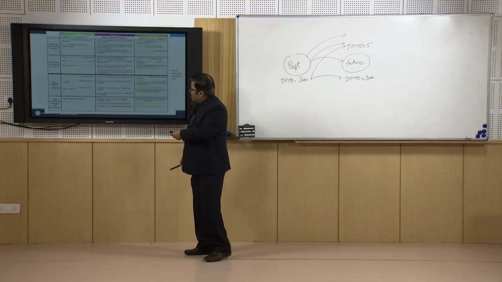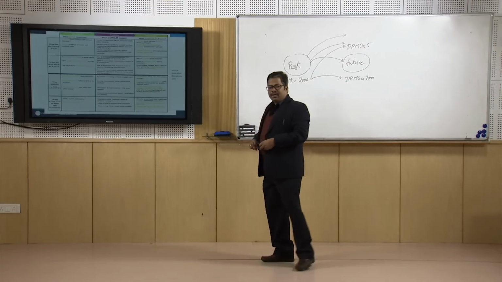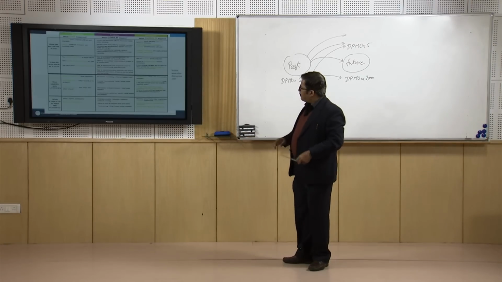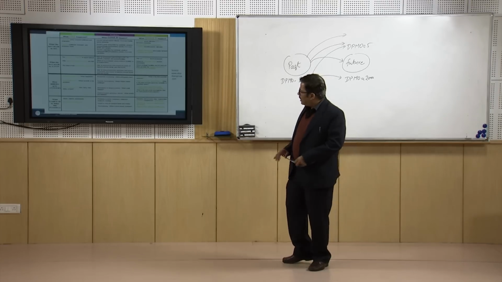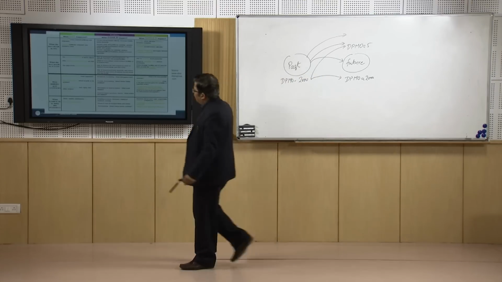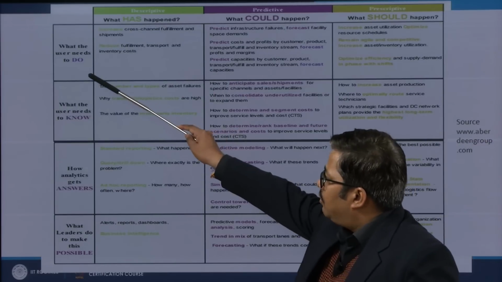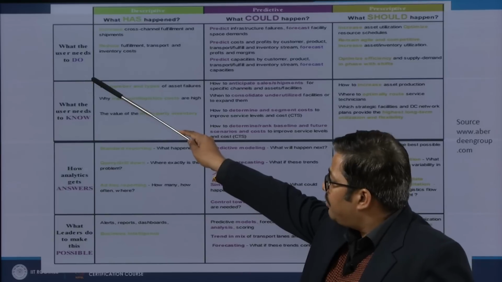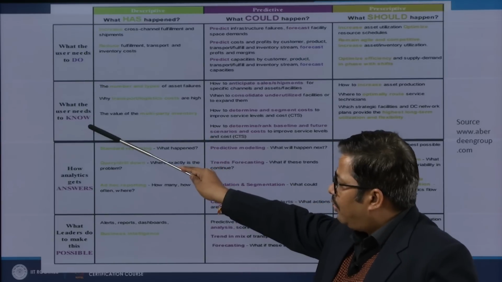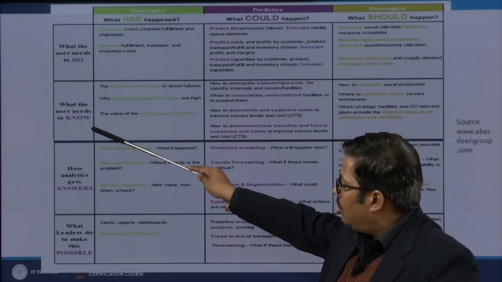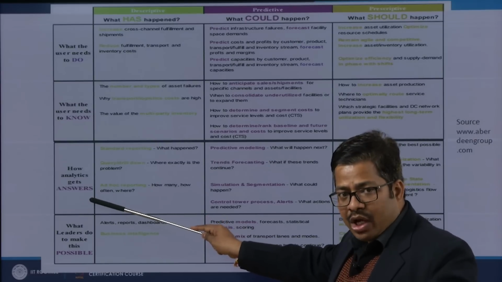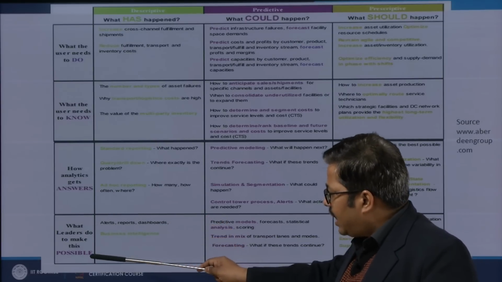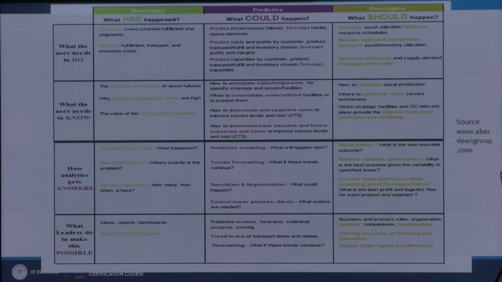In understanding these 3 analytics forms, this table is a very useful table for us, because it tells you what are the needs of the user and what the user needs to know, and how analytics can answer these requirements of the user, and then what leaders do to make these things possible.